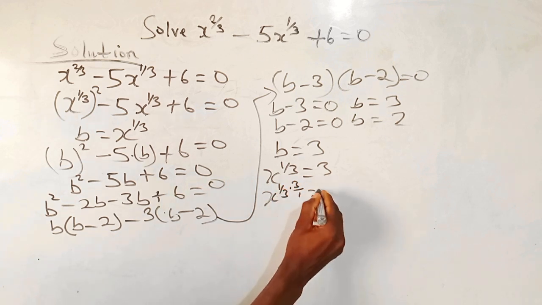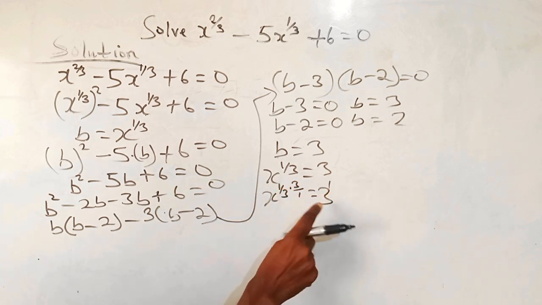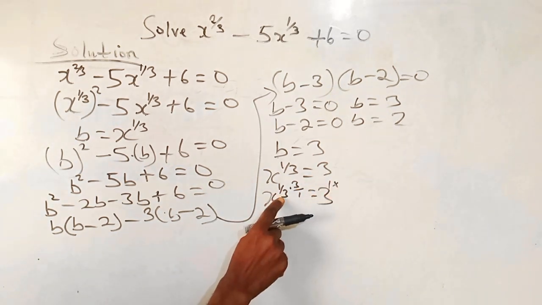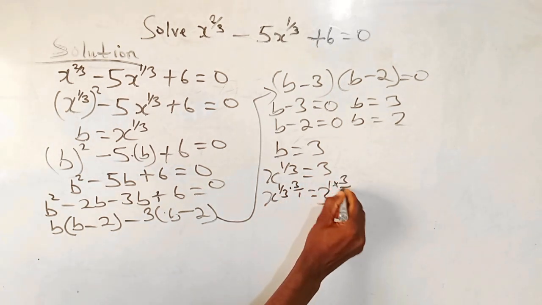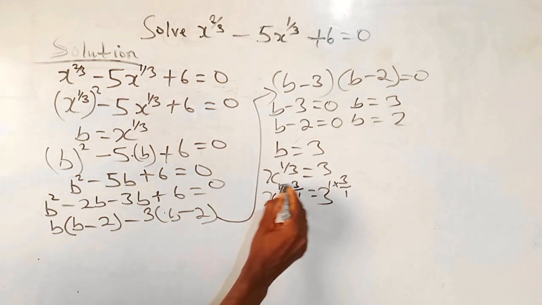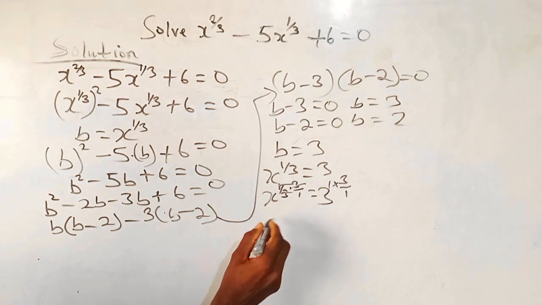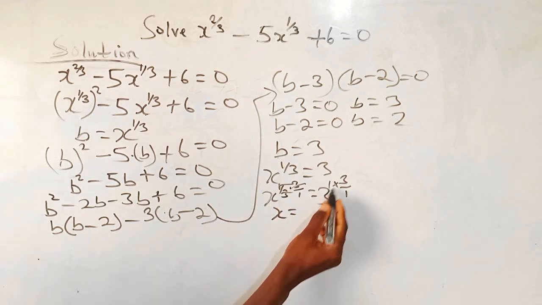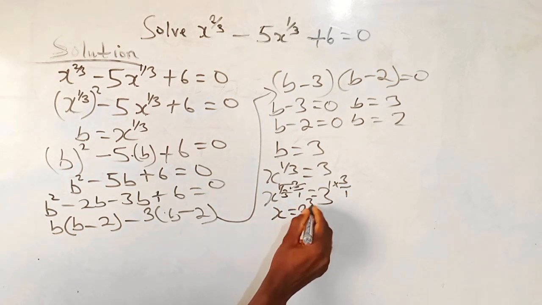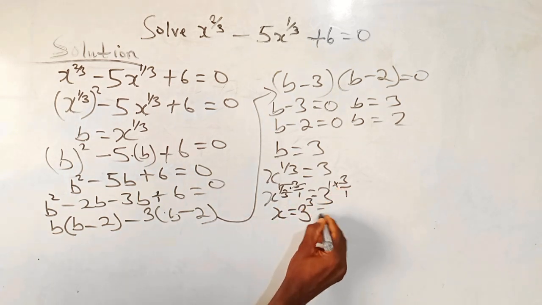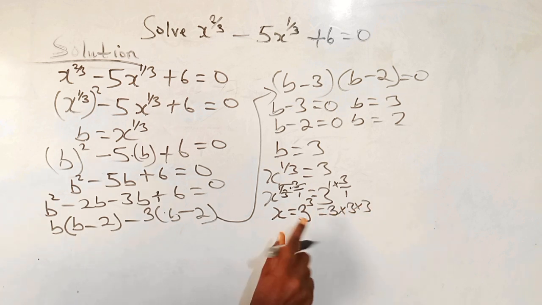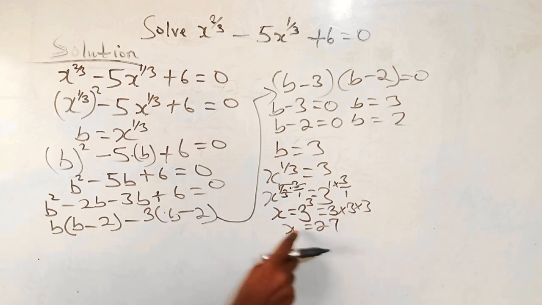When we multiply, the power here is 1, so we have x on its own. On the other side, we have 3 raised to the power of 3, which is 3 times 3 times 3. So x equals 27 in this case.